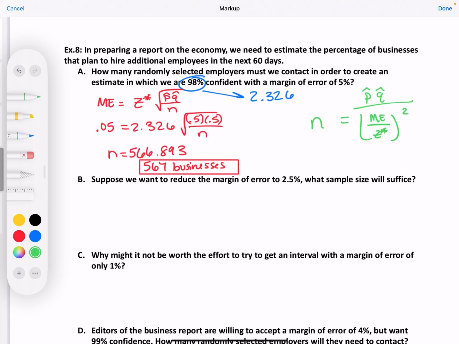But I usually think it's easier as long as you know how to solve for a variable, which by this point in your life, I hope you know how to solve for a variable. You wouldn't really need that, but some people like to just have the formula in front of them, which is fine. But that's how we would find it.